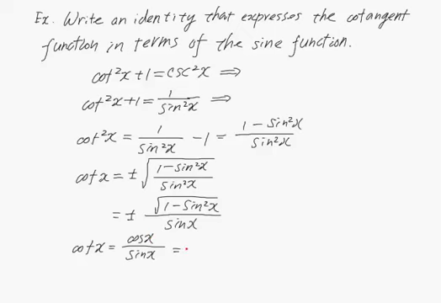So then you replace this cosine x by this plus minus square root of 1 minus the sine square x. Then you got the square root of 1 minus the sine square x over the sine x. So you got the same result by using these two different identities. Any question?